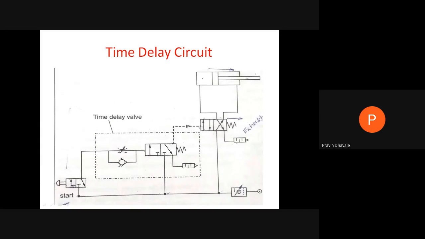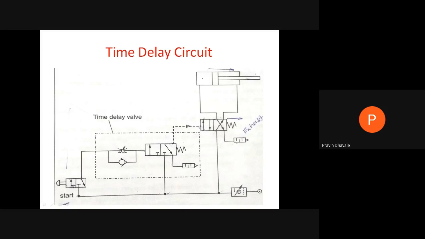It will try to flow through this check valve, but this direction of flow will be blocked. So whatever air is coming from this push button operated 3 by 2 direction control valve will be passing through this flow control valve, and this flow will be controlled by using this valve.